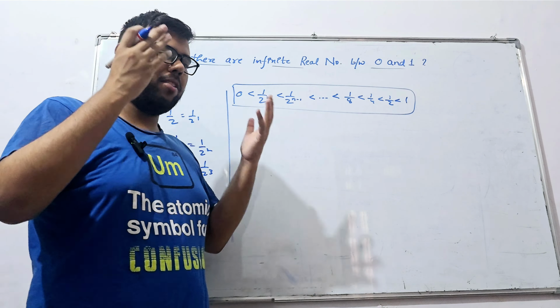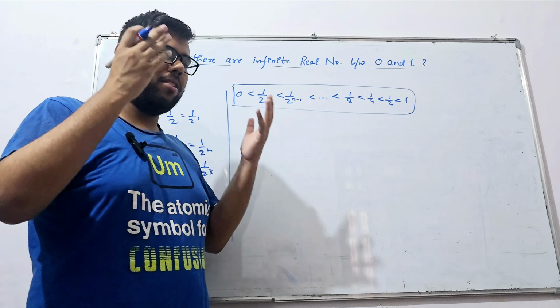But if I ask how many numbers there are from 1, 2, 3 till infinity, meaning in the set of natural numbers? We can think of some very large numbers, suppose 9, 9, 9, and so on, 100 times 9.